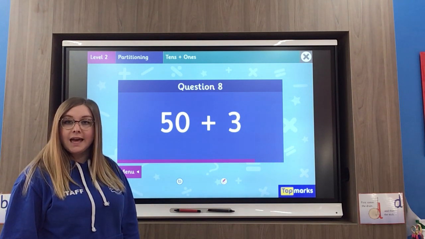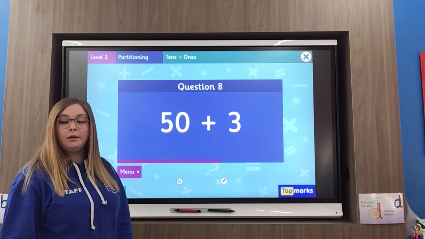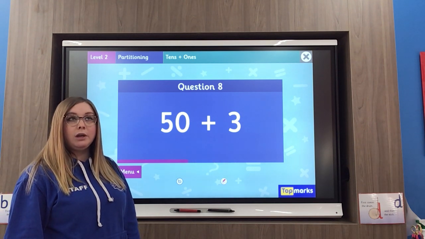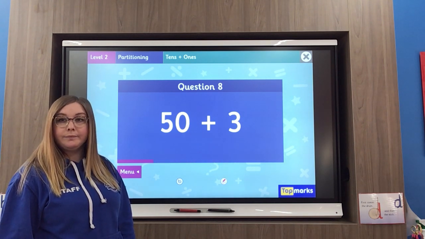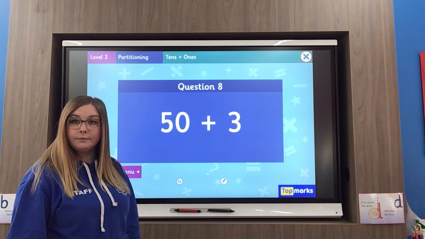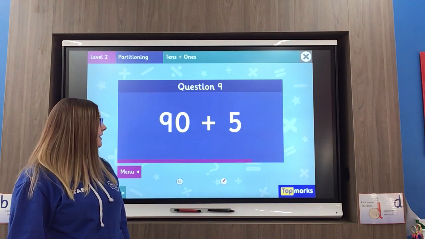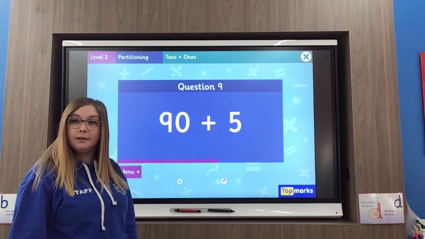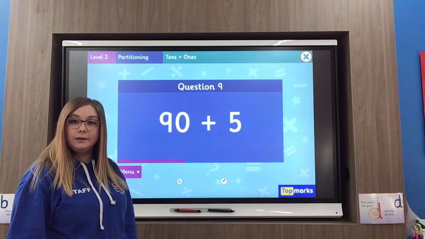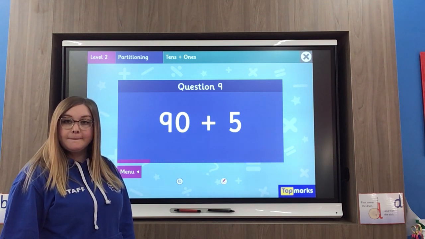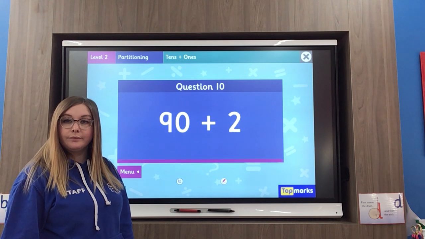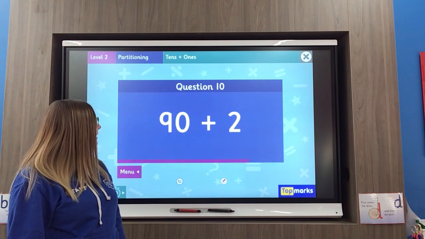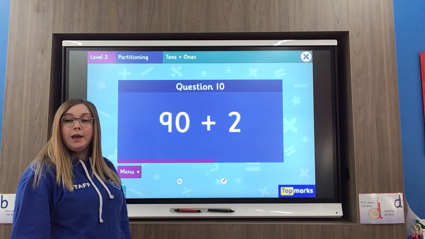Next one, 50 add 3 equals, not many more to go, Year 4. 90 add 5 equals, and question 10, 90 add 2 equals.